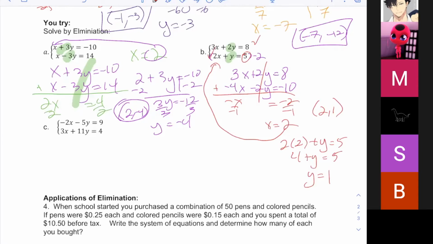There's a certain way that I'm looking at it, and I think this would be the way to go. Multiply the top by 3, good, and the bottom by 2. Cool.